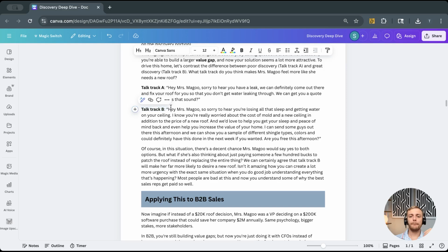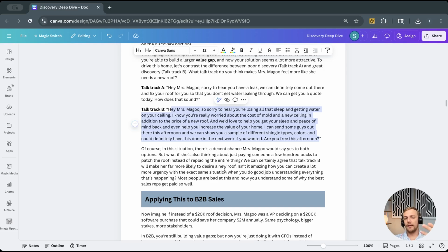Right? You are able to give all this context because you ask questions first. And so, like I said here, of course, there's a decent chance Mrs. Magoo would say yes to both options. But what if she's thinking about just paying someone a few $100 to patch the roof instead of replacing the entire thing? I think it's obvious that talk track B makes her far more likely to desire a new roof.